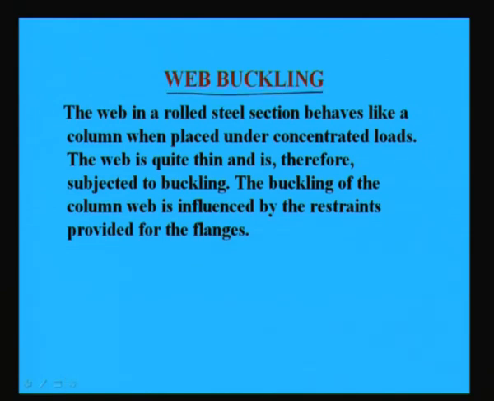So far we have discussed the design aspects of a beam which is laterally supported. Now, before starting the design aspects of a laterally unsupported beam, let us discuss a little about web buckling. Why does web buckling happen?